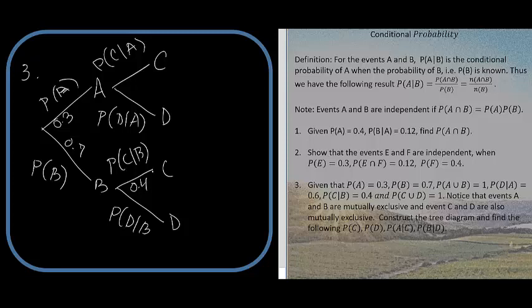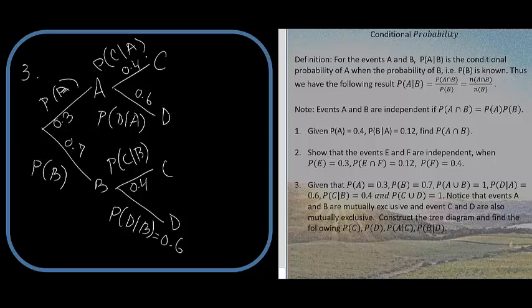And then we have D given A, this probability here is 0.6. Now we can complete everything. Since this one is 0.4, this must be 0.6. This is 0.6, so this must be 0.4. So our tree diagram is complete.